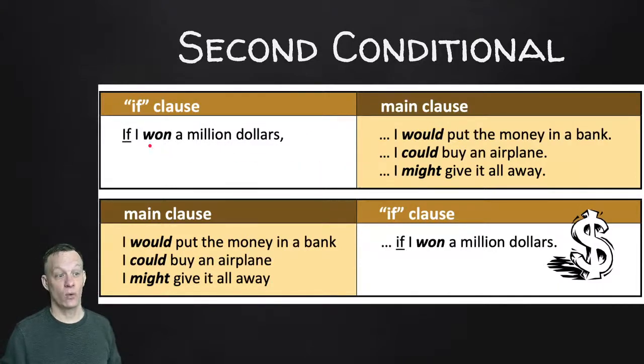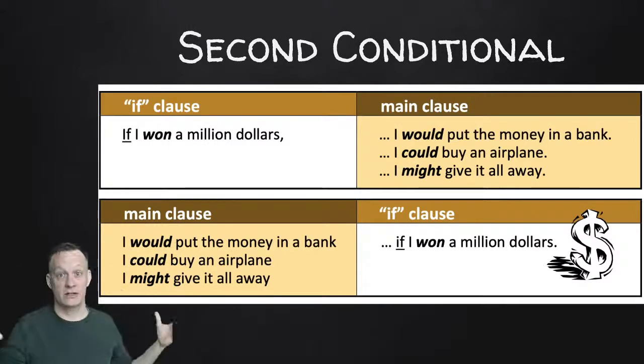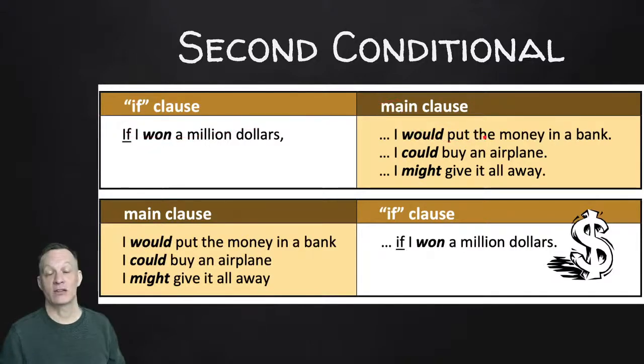Okay, so if I won $1 million, imagine, right now, imagine if I won $1 million, what would I do with that money? I would put it in the bank. That's what I would do now. This is present. We're talking about present hypotheticals.